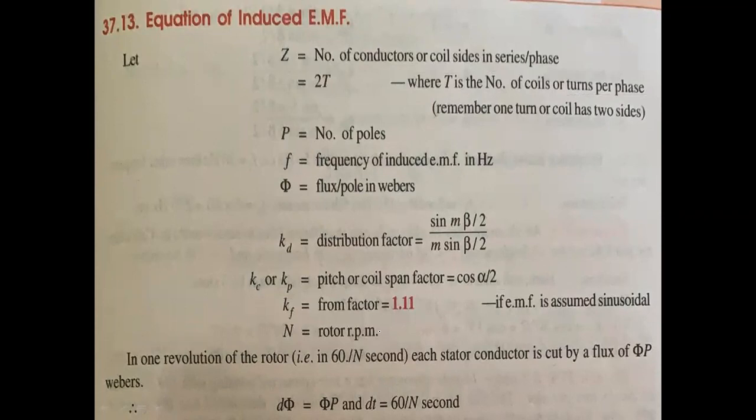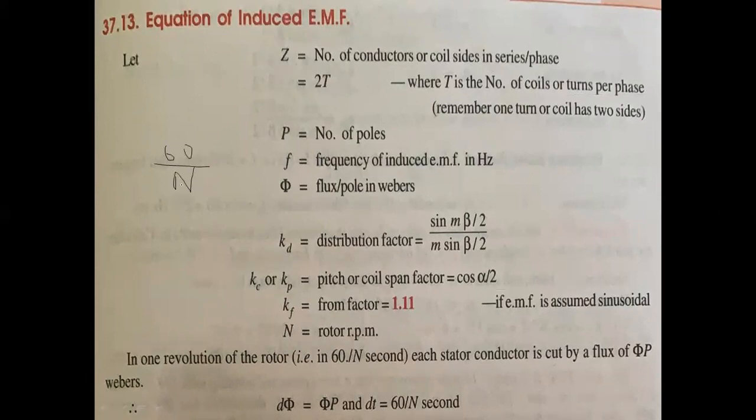Okay, so for one revolution of the rotor, I am considering one revolution first. After that, I will consider the total number of revolutions, right? So for one revolution, it is 60 seconds by N, right? 60 by N seconds is the time the rotor takes for making one revolution.